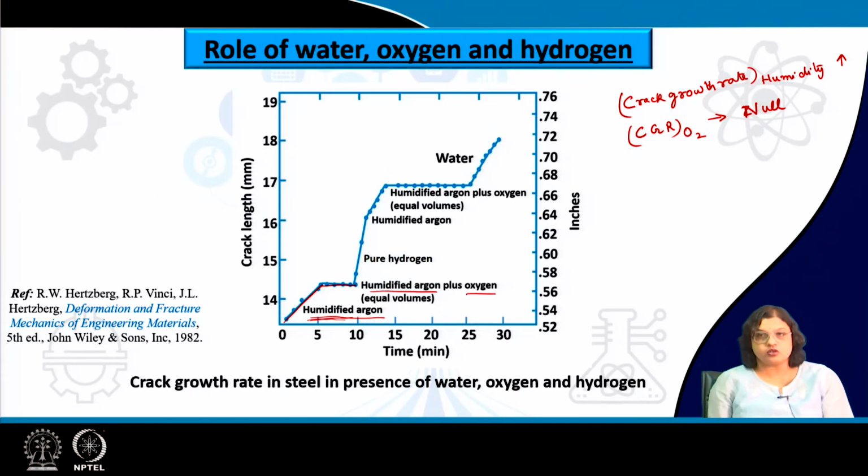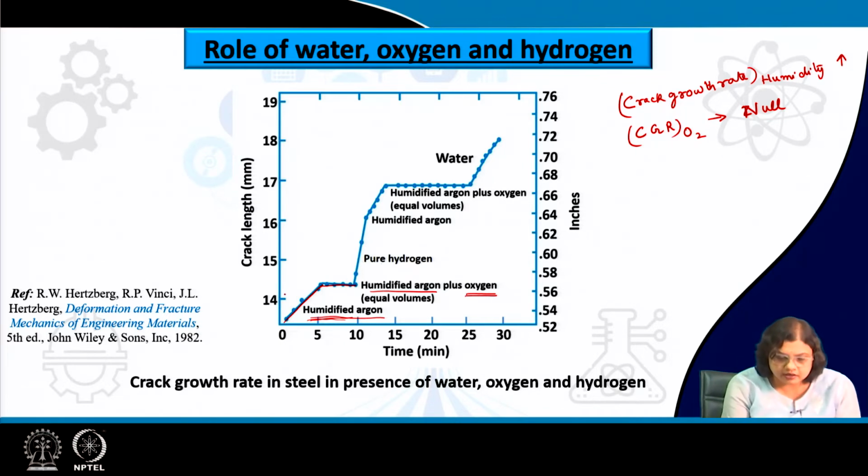This although looks surprising, the actual fact is that oxygen helps in forming the oxide, and we have also seen earlier that in most cases for the metallic system this oxide acts as a protective or passive coating. Okay. So, that will not allow the corrosion reaction to proceed further, and that will stop the crack length at least momentarily, unless we have some other situation like enhancement in the temperature or enhancement in the stress. The crack is getting arrested in presence of the oxygen.